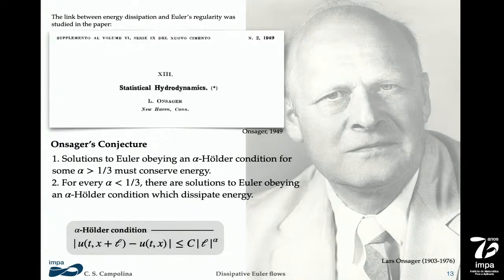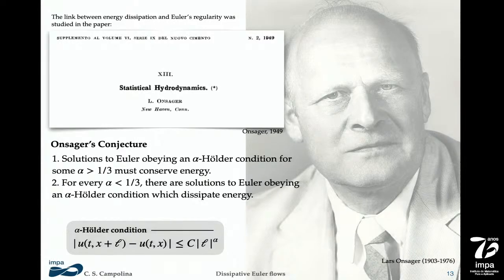Just remember what a Hölder condition is: the difference of fields separated by a scale L should be bounded, up to a multiplicative constant, by L to the power alpha. When alpha equals 1, we have the Lipschitz condition. And for alpha less than 1, we usually call it a fractional Hölder condition.